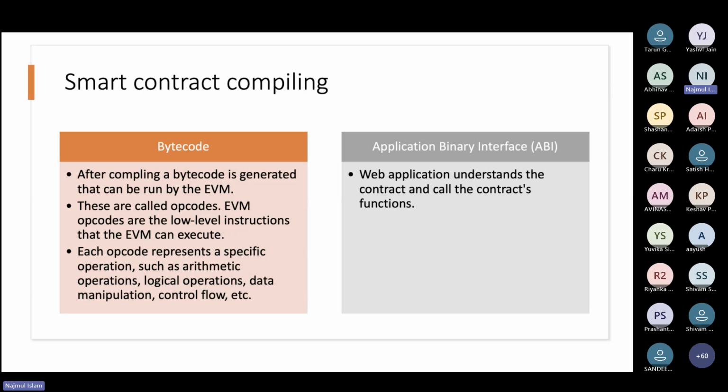But it also generates another thing, which is called the Application Binary Interface, ABI. Why is that? Because ultimately your front end or web application needs to understand the contract and call the contract's functions. As I said, a smart contract is on the back end, and the application needs to call the functions of the contract.